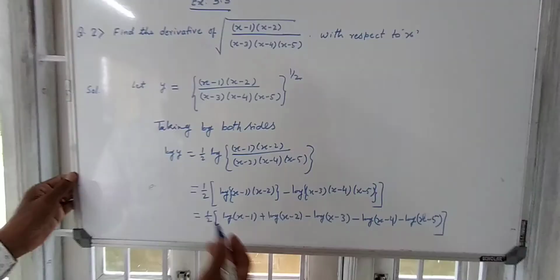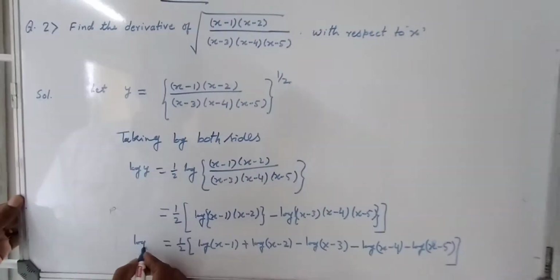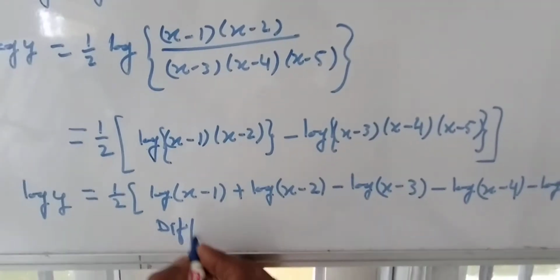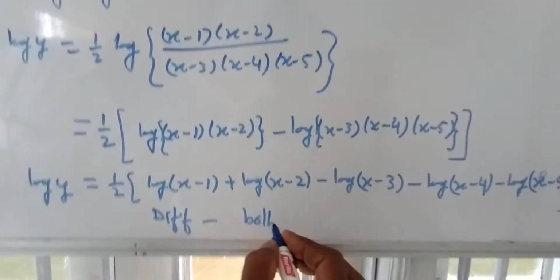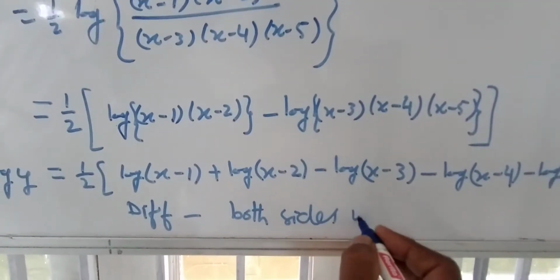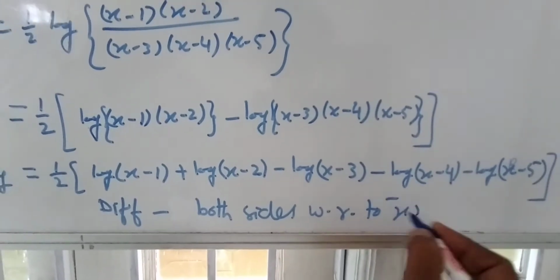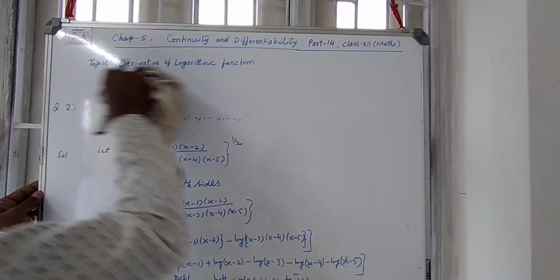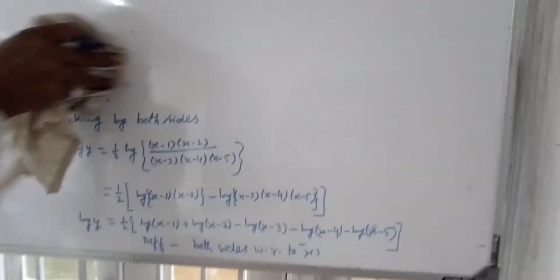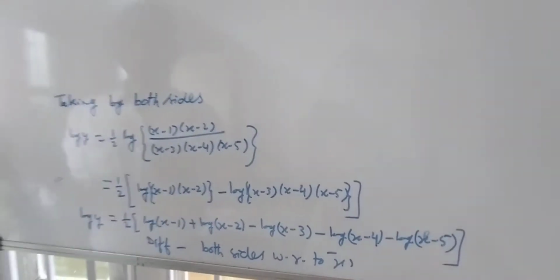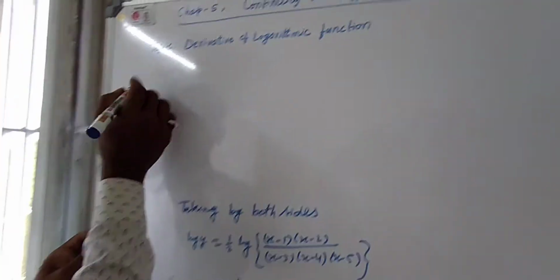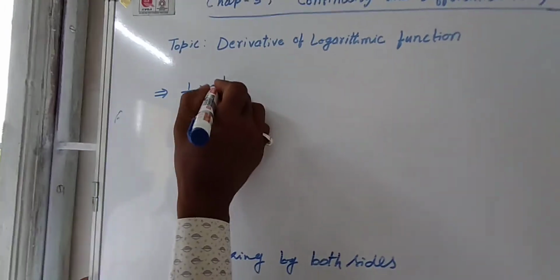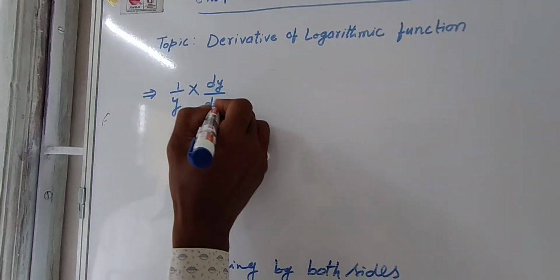Now we can differentiate the function because it became very easy to differentiate. So here we will differentiate both sides with respect to x. So left hand side derivative of log y is 1 by y and derivative of y, dy by dx.